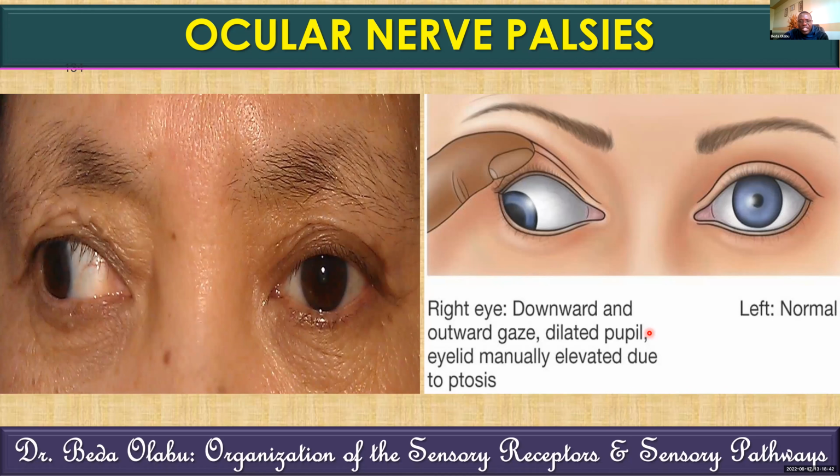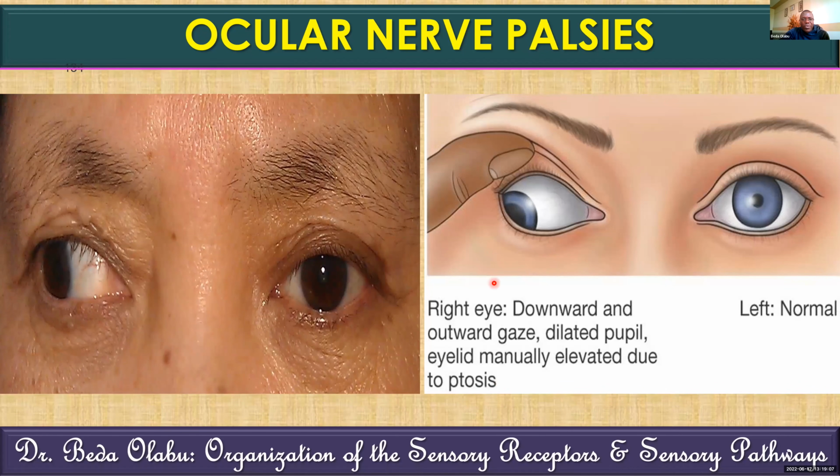So if it's injured, the pupil will be dilated. And lastly, oculomotor nerve injury will also present with ptosis, drooping of the upper eyelid. The upper eyelid drops because the levator palpebrae superioris, which causes elevation, is paralyzed.